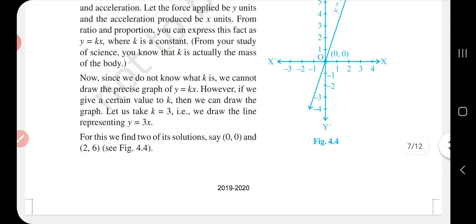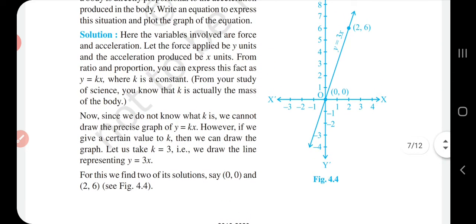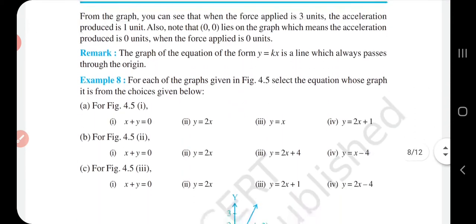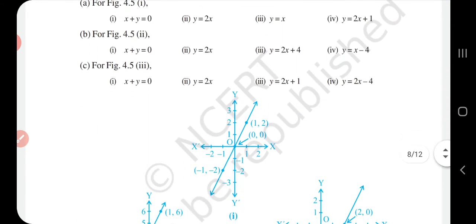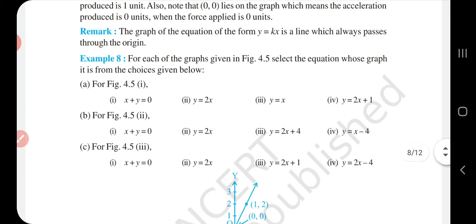See, (0, 0) means x = 0, then y = 0. If you take the value of k equal to 3, your equation will be y = 3x. If you take x = 2, then y = 6, because 3 twos are 6. Okay, you have to do the questions of this type and see the graph of example number 8.